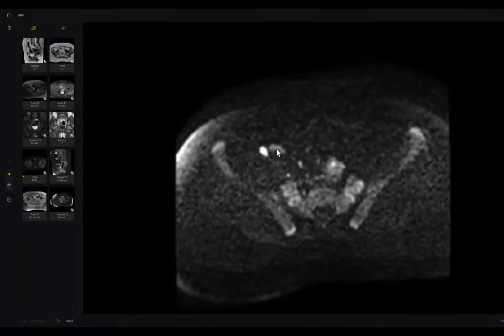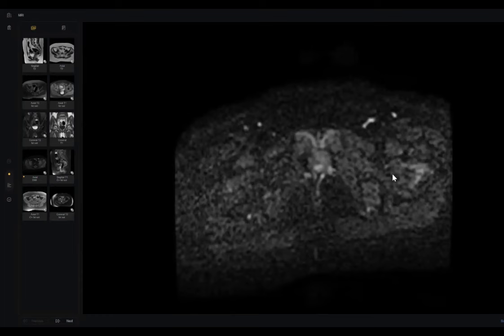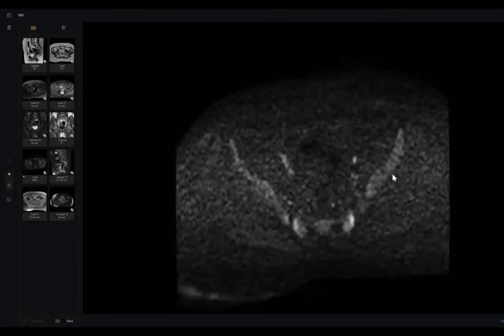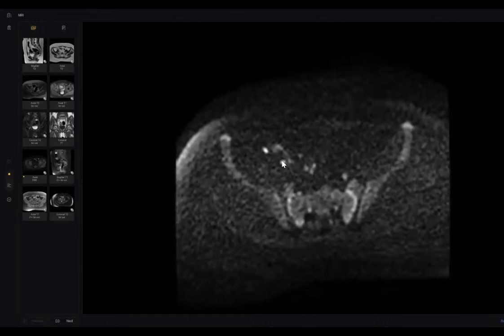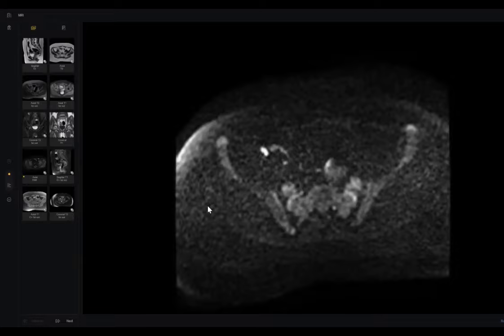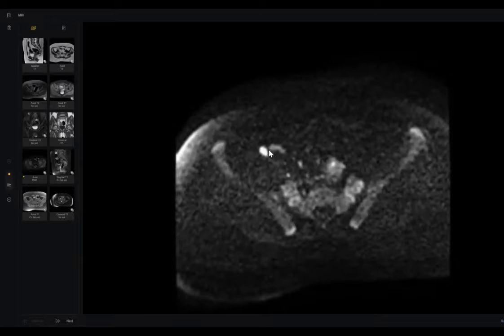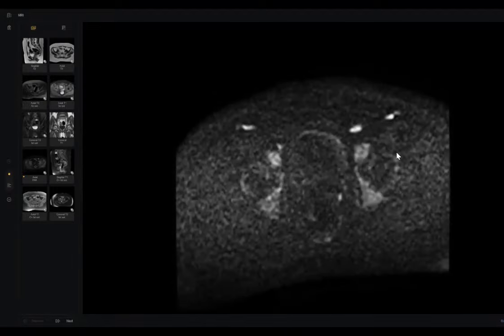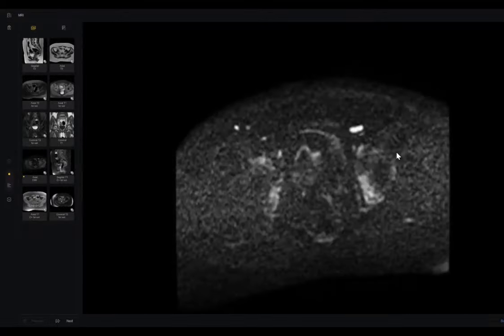All of them are lymph nodes, except this one, which is very restricted and larger. Is this maybe one testis on the right side? Yes. Left inguinal, this one is also a lymph node.